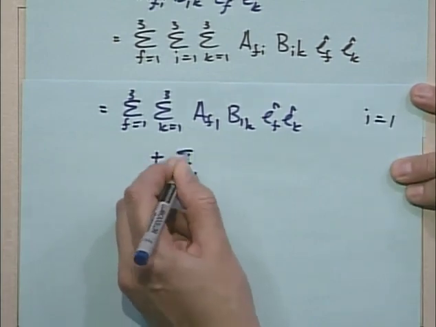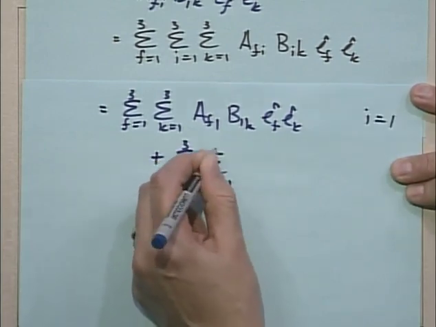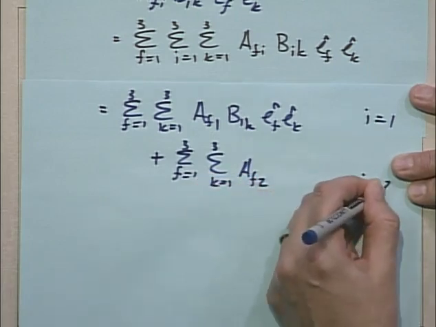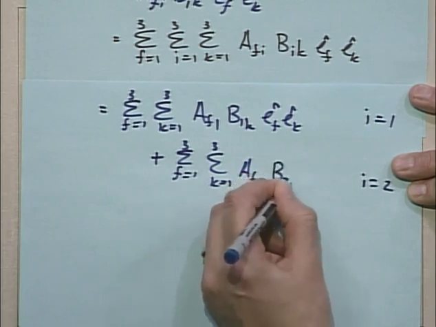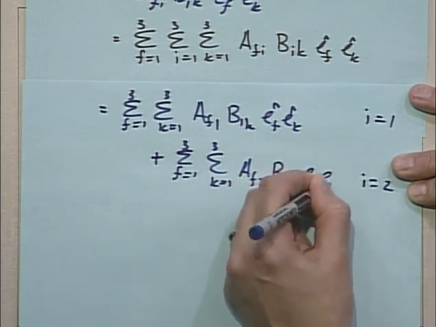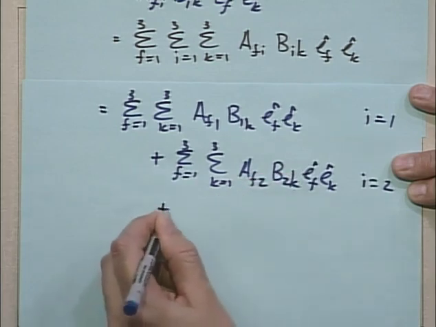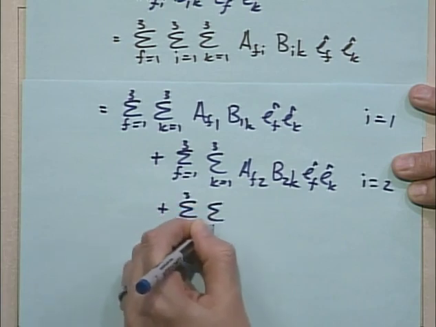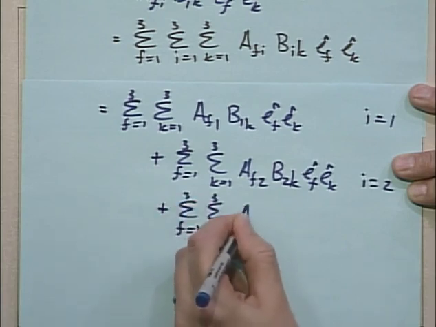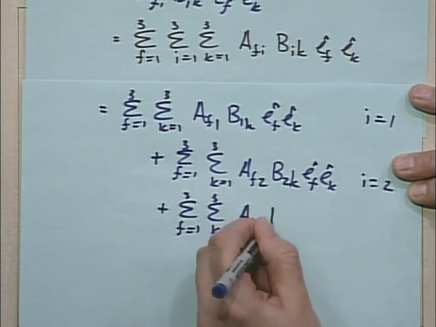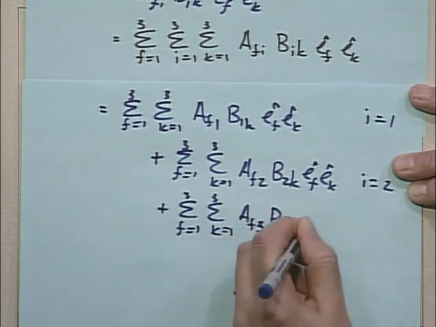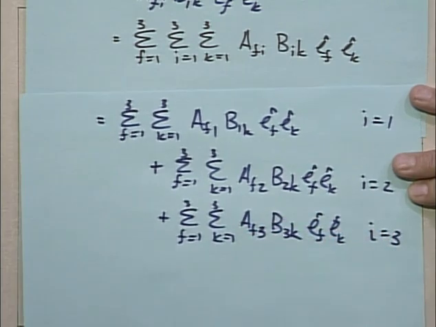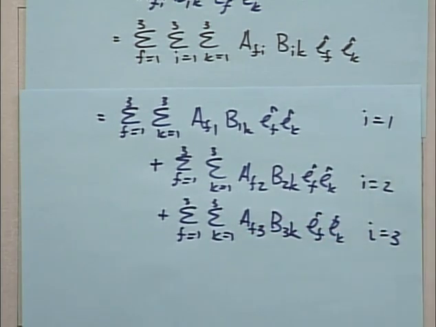Summation F equals 1 to 3, summation K equals 1 to 3, AF2, we're now at I equals 2, B2K, EF-EK. Plus summation F equals 1 to 3, summation K equals 1 to 3, AF3, B3K, EF-EK. That was the I equals 3 term.